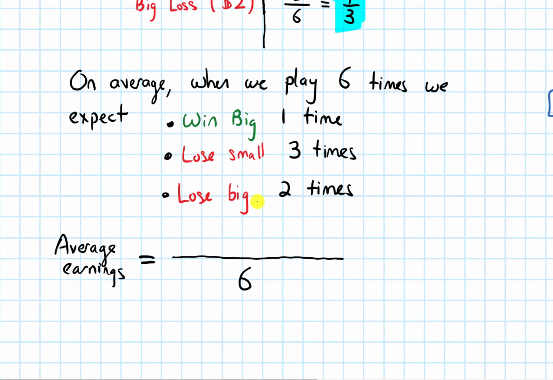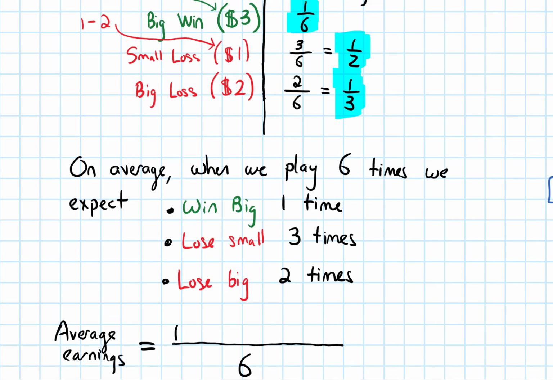There's one time when I win big, and when I do win big, our net earnings are $3, so I'll multiply 1 by 3. And let's add that to, well, there's 3 times when we'd lose small, at least we expect. So we'll multiply 3 times how much we lose, which is $1, so I'm going to write minus 1 because we're losing money. And then there's 2 times when we lose big, so I add plus 2 times my net loss in that situation, which would be minus 2.